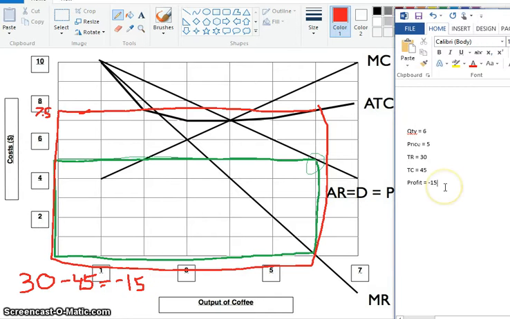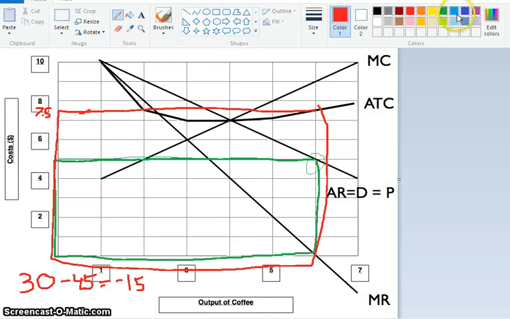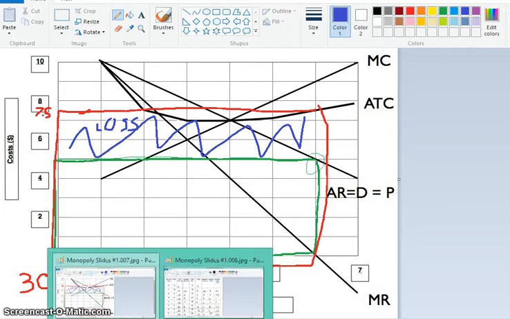I wrote down that that's what it would be. Again, notice something for me here. I'll take a different color this time. Let's go blue. So this up here, this box, is not our profit, but it is our loss. This is our loss. And again, I apologize for the gnarly writing, but I am writing with my mouse here.